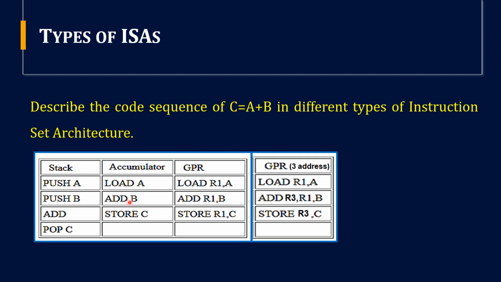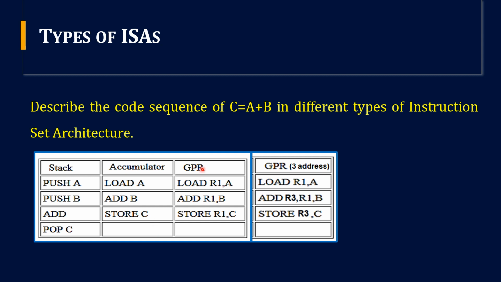So the meaning of this instruction is accumulator equals accumulator plus B. The accumulator already contains the value of A, so it performs A plus B and the result will be there in the accumulator itself. From the accumulator, we need to store the result back to C. So we use the store instruction. Store C means from the accumulator, the result will be stored back onto location C. That's the case of the accumulator ISA.